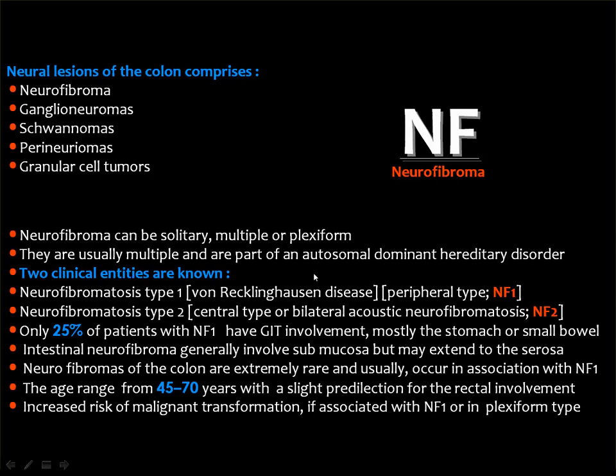You know that we have two types of neurofibromatosis. Neurofibromatosis type 1, which is known also as von Recklinghausen disease, or peripheral type. Neurofibromatosis type 2, or the central type, or the bilateral acoustic neurofibromatosis type.